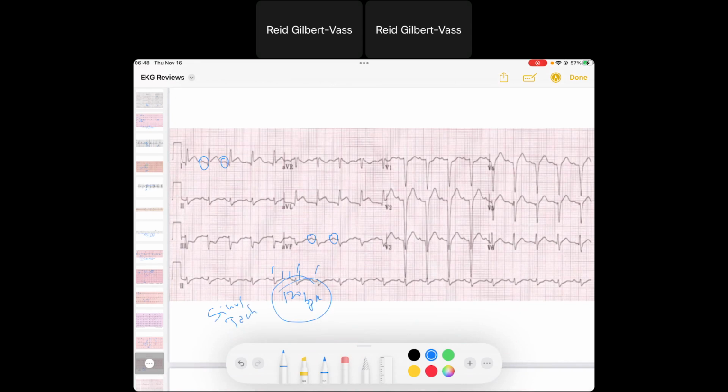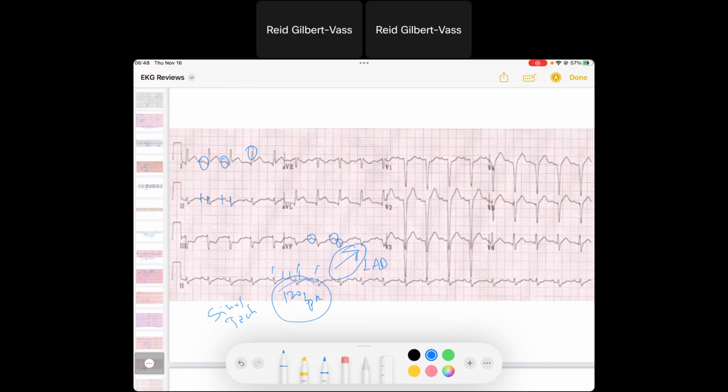We've got a normal PR interval and it stays the same every time, so no AV blocks. We've got narrow QRSs. I would say that the QRS is up in one, but it's down in AVF, and so that means that it's going up into the left, so maybe some left axis deviation.